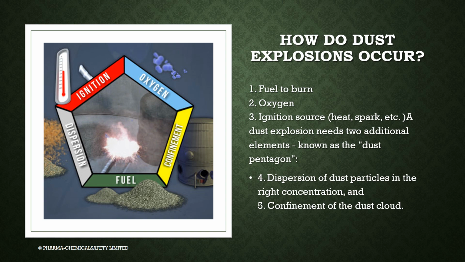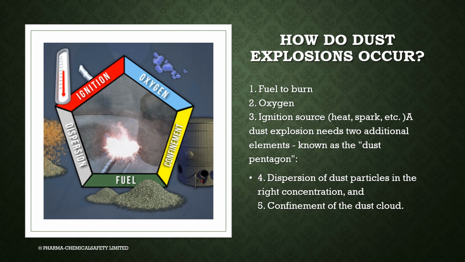Oxygen needs to be measured, and any combustible has a parameter that we call the limiting oxygen concentration, LOC. If you exceed that limit of oxygen concentration, you have a potential to have a deflagration. You have the fuel, the combustible powder, which also has another parameter called minimum ignition concentration, MIC.